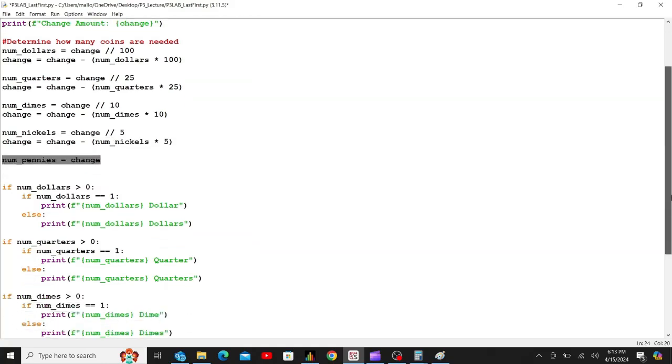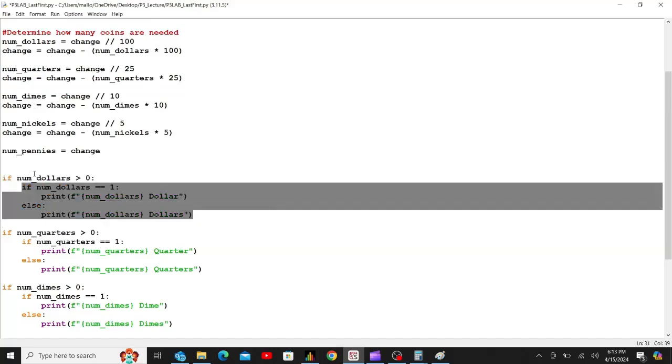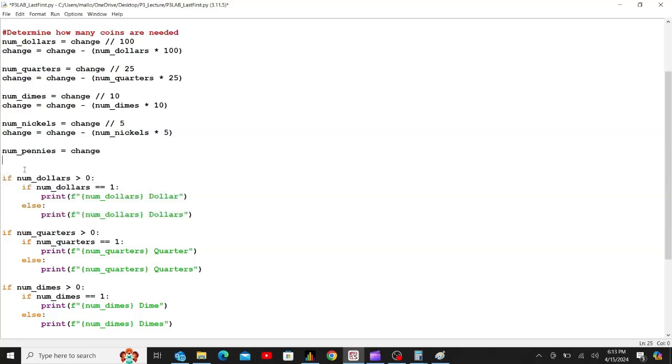And then for each one of those coins, we've got some if-else statements. We have one if that we call an outer if because it's on the outside. Technically, these are nested inside of this if statement. Right? So if the number of dollars is greater than 0, then we check to see if it's equal to 1.